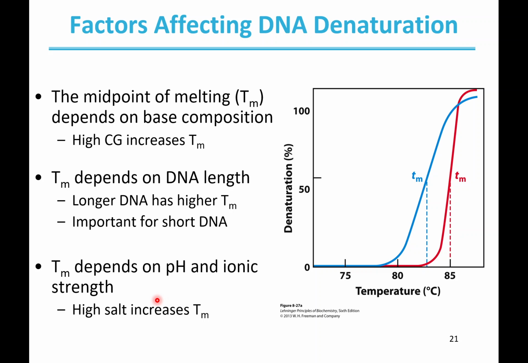And then finally, the melting temperature is going to depend on the pH of the solution and ionic strength. If you add a higher level of salt, that will actually increase the melting temperature.